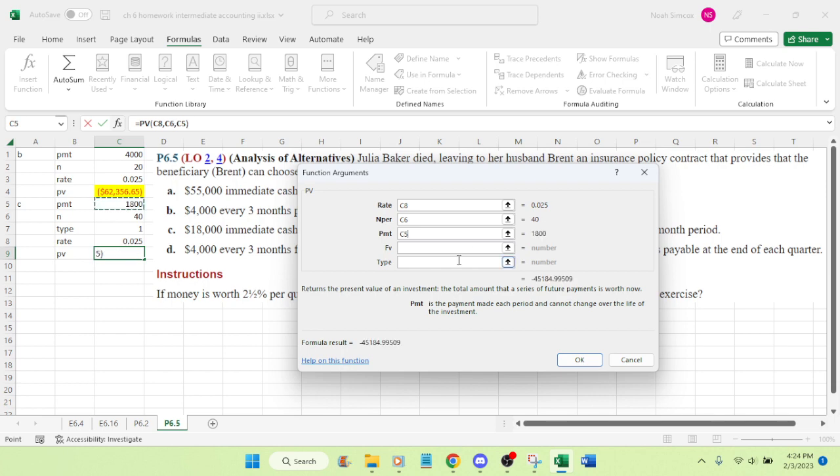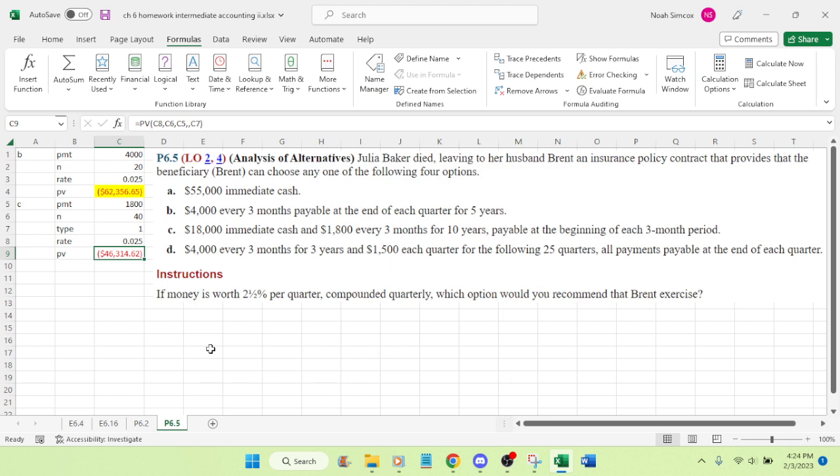Payment. Type is 1. And then we add, it was like 46. Oh yeah, it's negative 46, so we're going to actually subtract a number. So we will subtract 18,000 because a negative minus a negative.